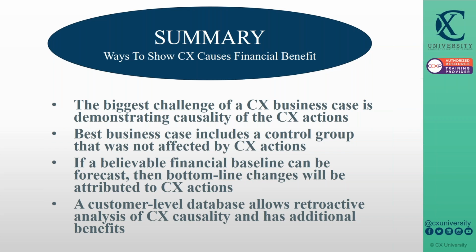So I've talked about the three approaches, and in summary, I'd remind you that the biggest challenge is demonstrating causality of the CX actions, and approaches like these are really important to be able to do that. I would also say the best business case is one where you have a control group versus the test group that was not affected by the CX actions.